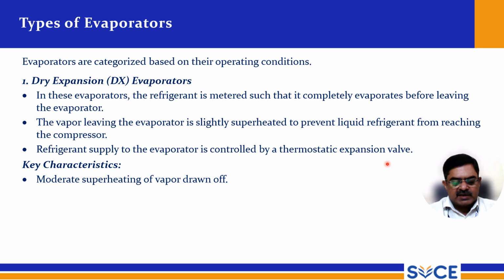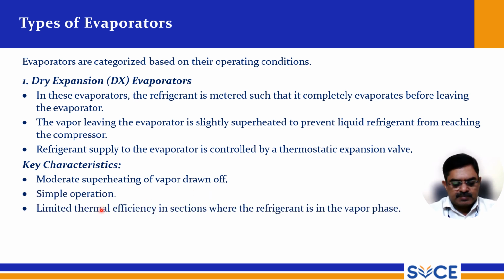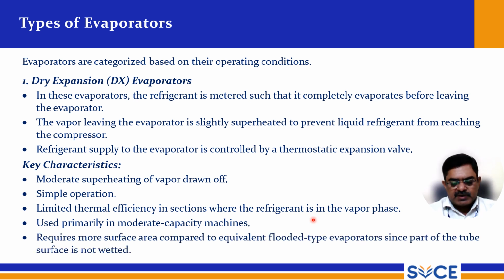The key characteristics of the DX evaporator are moderate superheating of the vapor drawn off and simple operation, limited thermal efficiency in sections where the refrigerant is in the vapor phase, used primarily in moderate capacity machines, and it requires more surface area compared to equivalent flooded type evaporators.